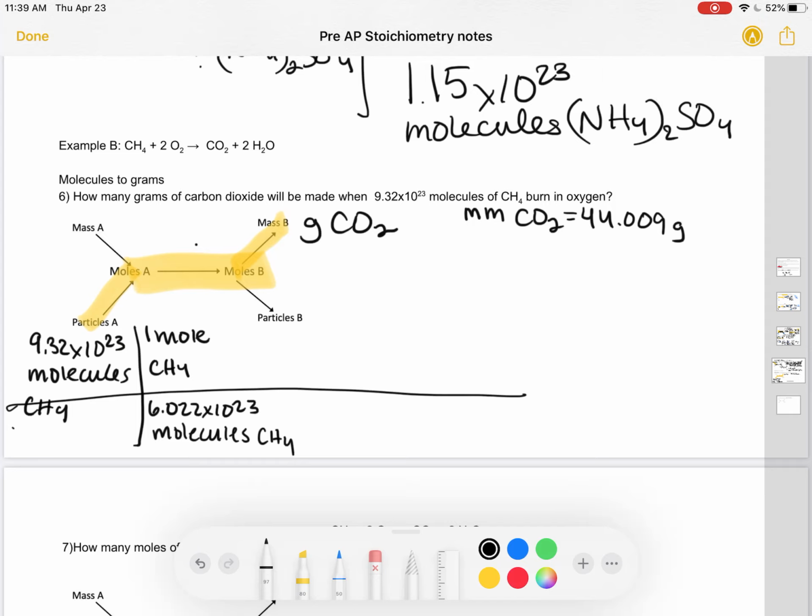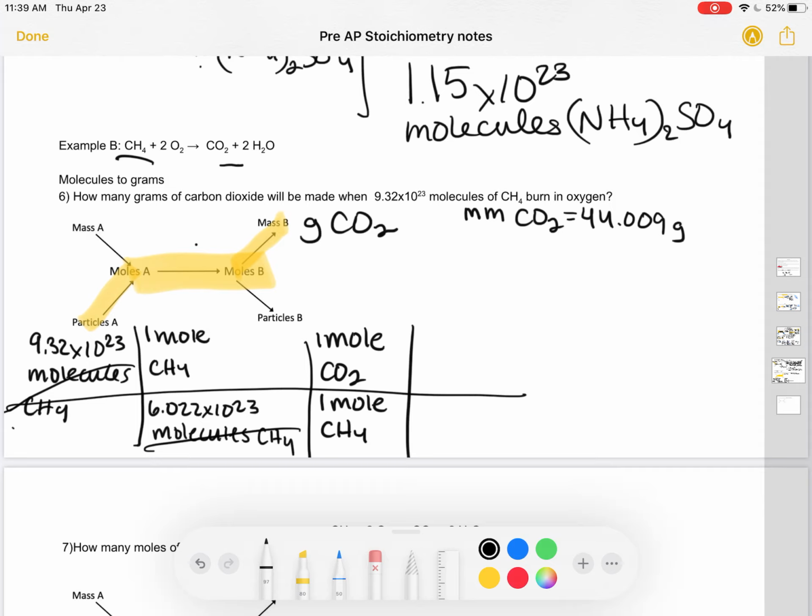All right. So now we're getting rid of molecules, and now we have to switch over from moles of CH4 to moles of carbon dioxide. And it's a 1-to-1 mole ratio. How fun is that? For every 1 mole of CH4, we also get 1 mole of carbon dioxide.